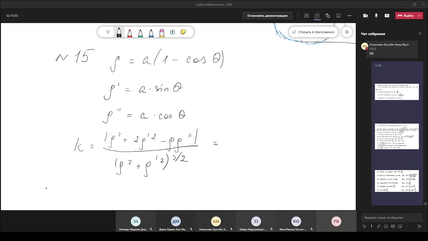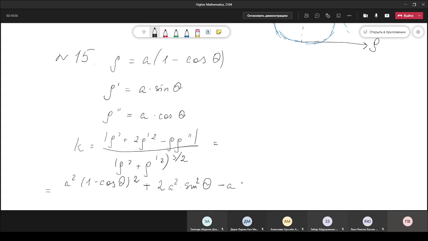equals rho squared is a squared times this bracket squared minus 2 rho prime squared 2 times square root of this function, it means a squared sine squared minus here plus, sorry, here plus minus rho is a times 1 minus cosine of theta.